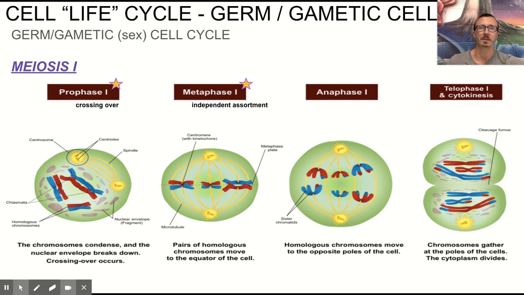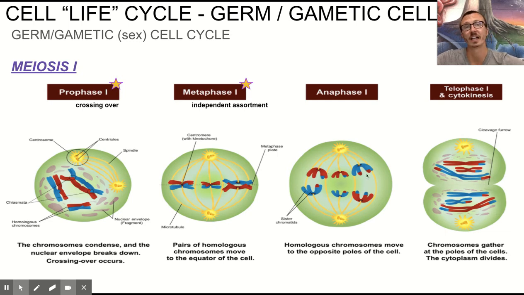And homologous simply means same size, same shape, and same structure. So the type 1 chromosomes line up together, type 2 chromosomes, type 3 chromosomes, and in humans, you're going to have 23 pairs, and they would line up like this in the middle during metaphase 1. Now, we don't really know exactly how they're going to line up, and that also contributes to genetic variation, I'll talk about here in a second.